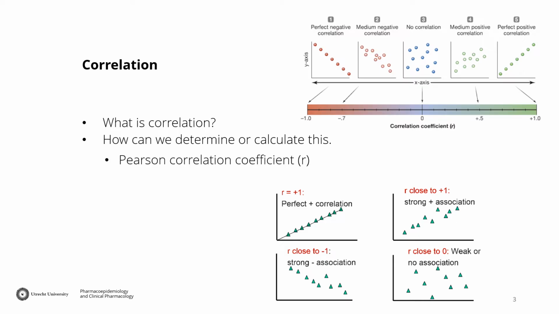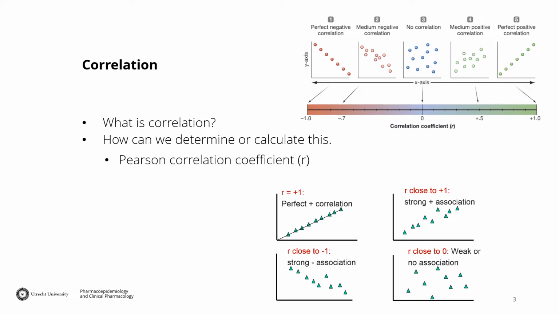So to start off with, we have correlations. And what is correlation? Correlation is a statistical measure that expresses the extent to which two variables are linearly related to each other. That means they change together at a constant rate, and it's a common tool for describing simple relationships without making statements about cause and effect.